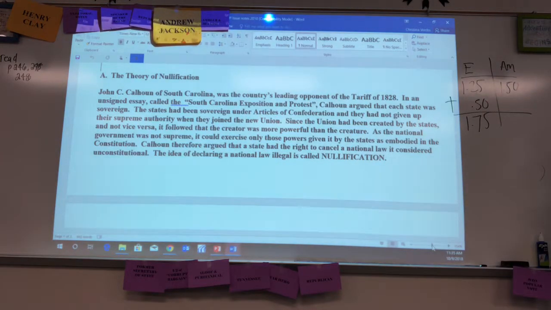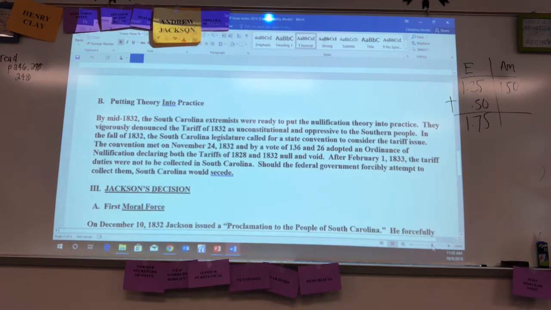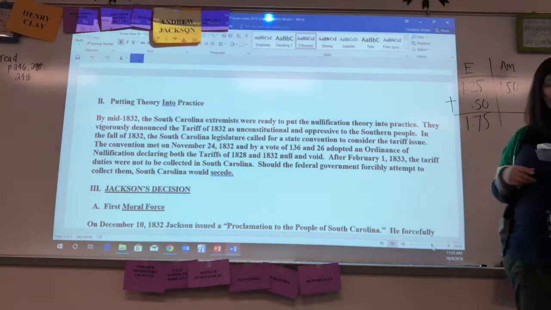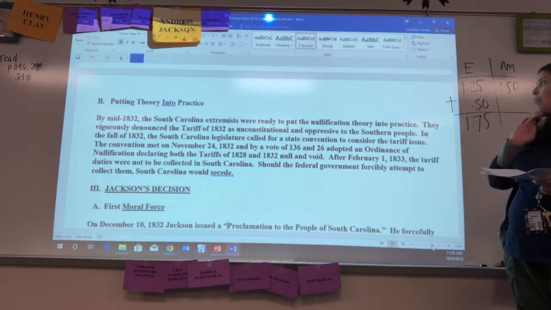Okay. So they're going to meet. And I know we got 2 minutes, but let's do 16 so you have less. Okay, they're going to meet in Columbia. The South Carolina extremists, they put the theory of nullification into practice. They vigorously denounced the tariff of 1832 as unconstitutional, oppressive to the Southern people.